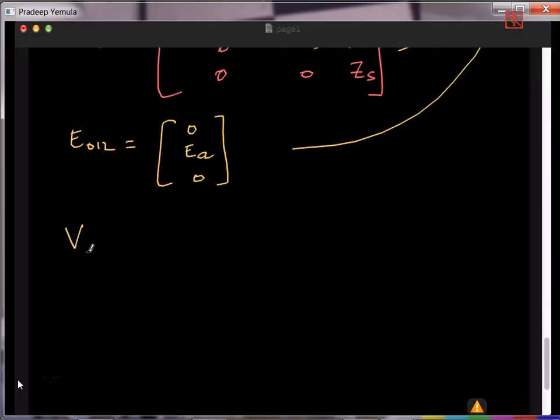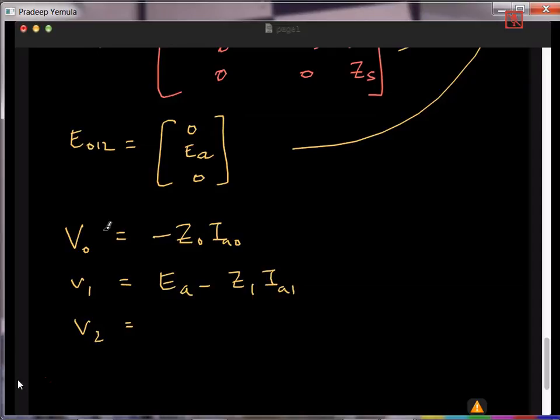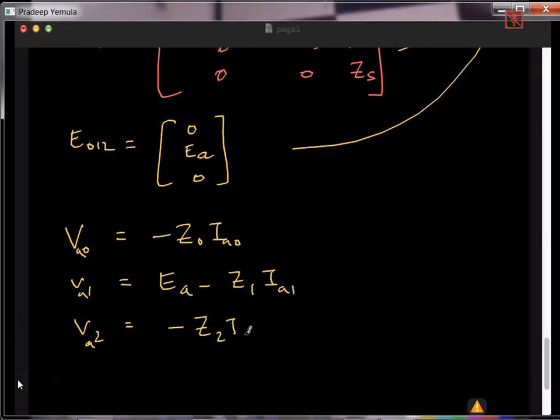Finally, if I substitute this here and this here, I will get V0, V1, V2. These voltages: VA0 equals minus Z0 IA0, VA1 equals EA minus Z1 IA1, and VA2 equals minus Z2 IA2.